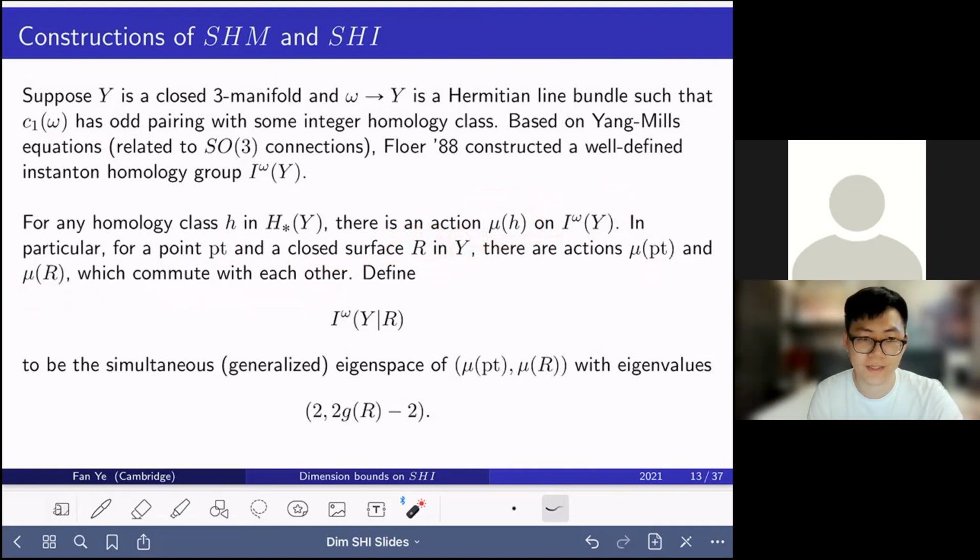Similarly, we define the notation I_omega of (Y, R) as the simultaneous generalized eigenspace of mu of the point and mu of R, where the eigenvalue for mu of the point is 2, and for mu of R it is 2g minus 2, which means it is the top eigenspace for this action.